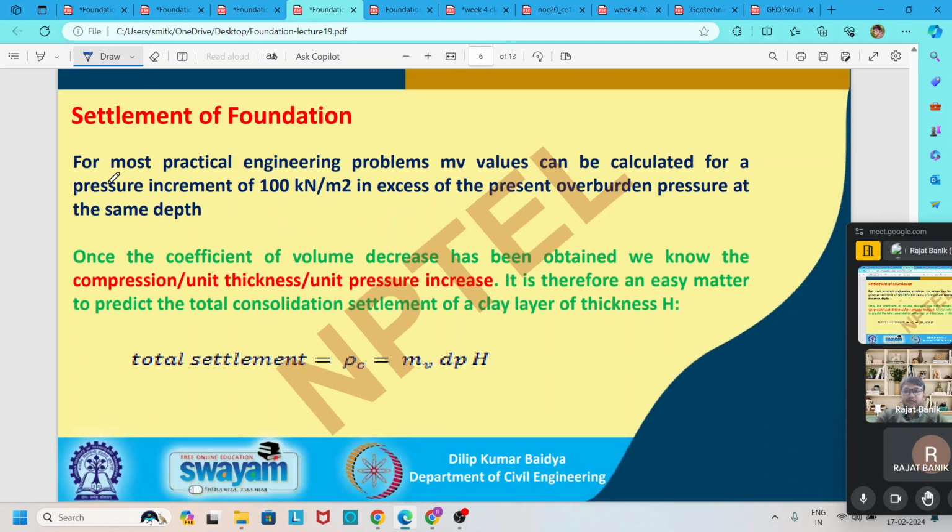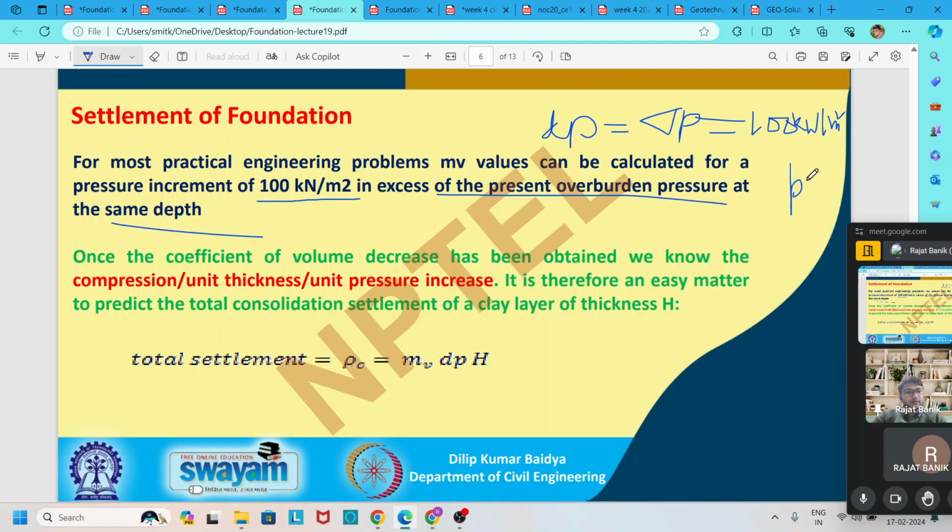Here one statement is given: for most practical engineering problems, mv values can be calculated for a pressure increment of 100 kN per meter square. That means mv is calculated for a change of pressure dP equal to 100 kN per meter square, in excess of the present overburden pressure at the same depth.